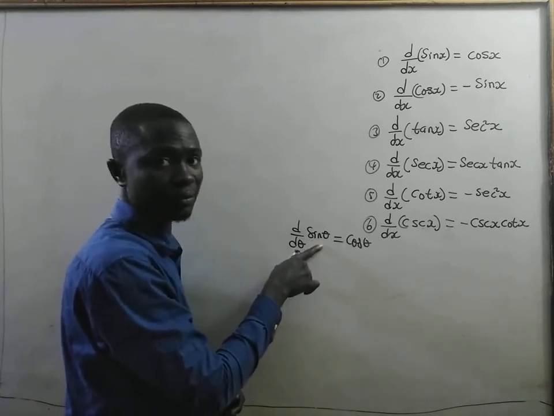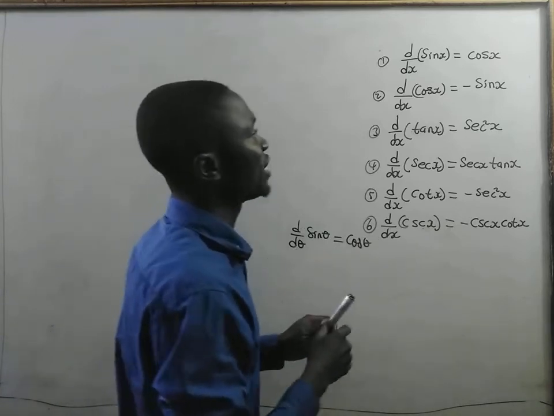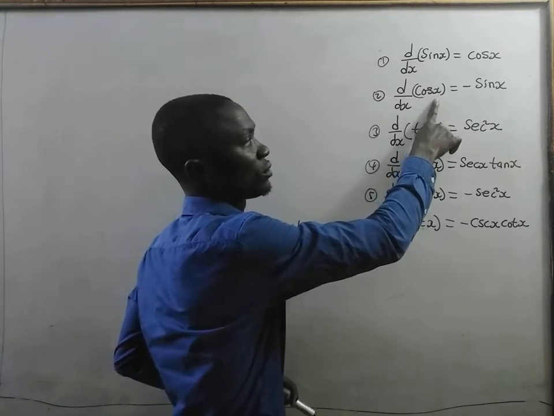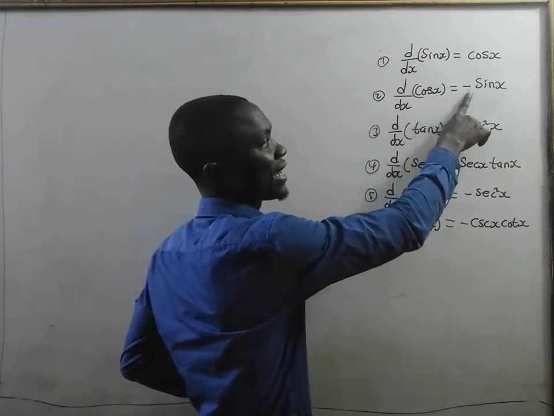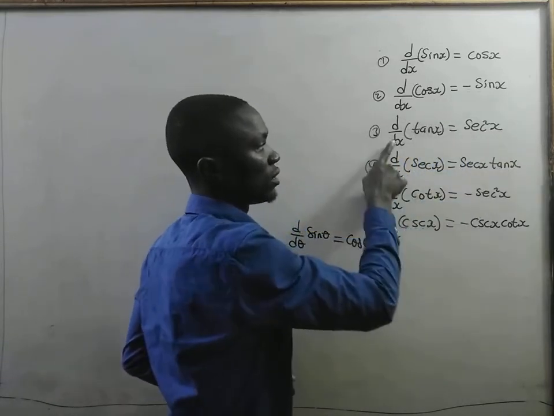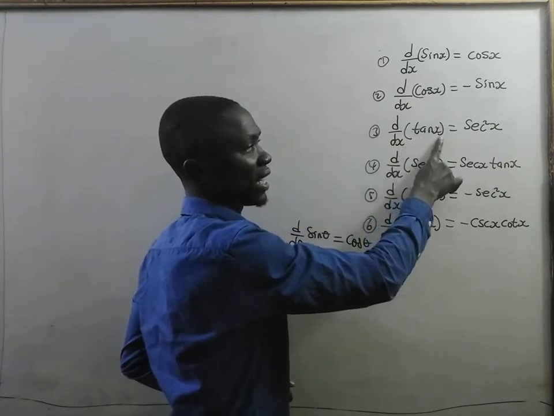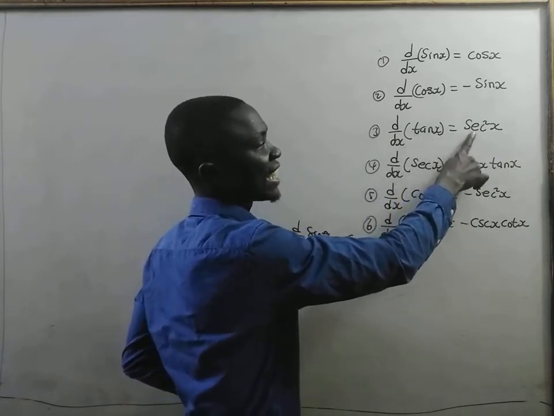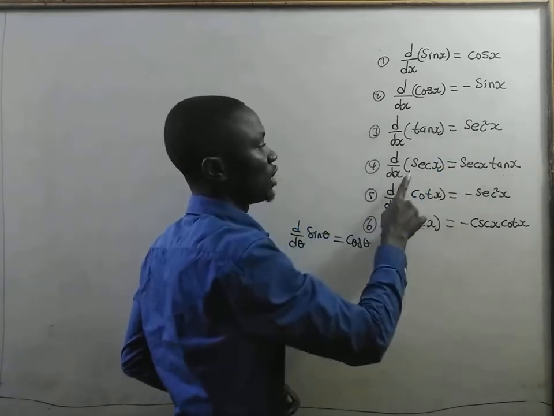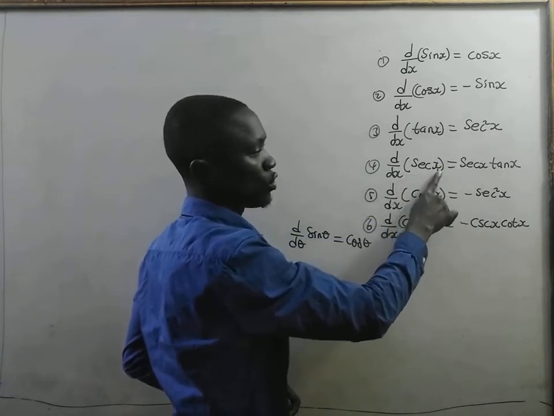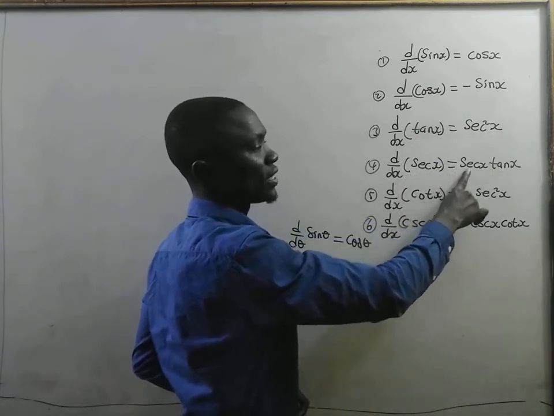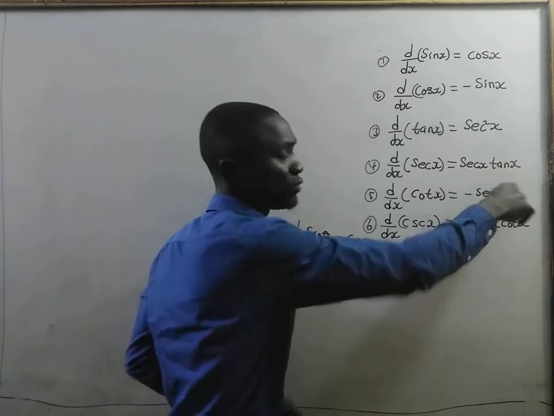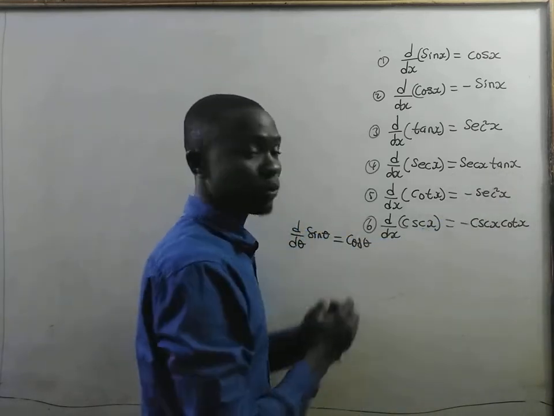Remember that. If I differentiate cosine of an angle, it is equal to negative sine of the same angle. If I differentiate tangent of an angle, the answer is equal to secant square of that angle. If I differentiate secant of an angle, the answer is equal to secant of the angle times tangent of the same angle. That is what we have there.